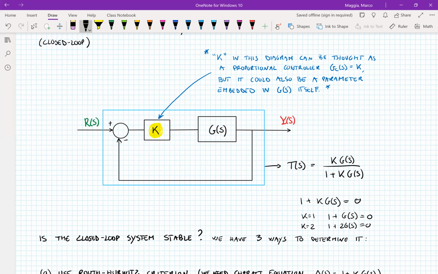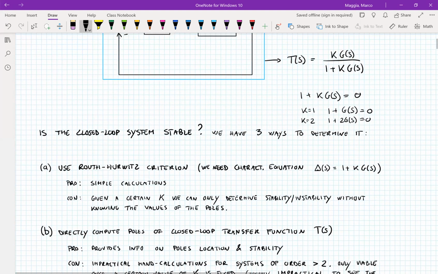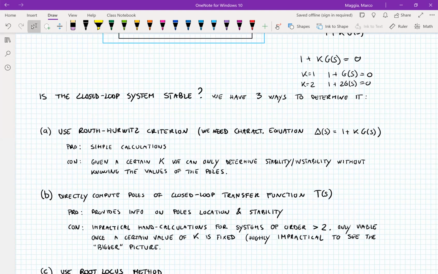You have an infinite amount of possibilities to choose the parameter K. So technically, you would have to compute the poles for each of these configurations, making it highly impractical.